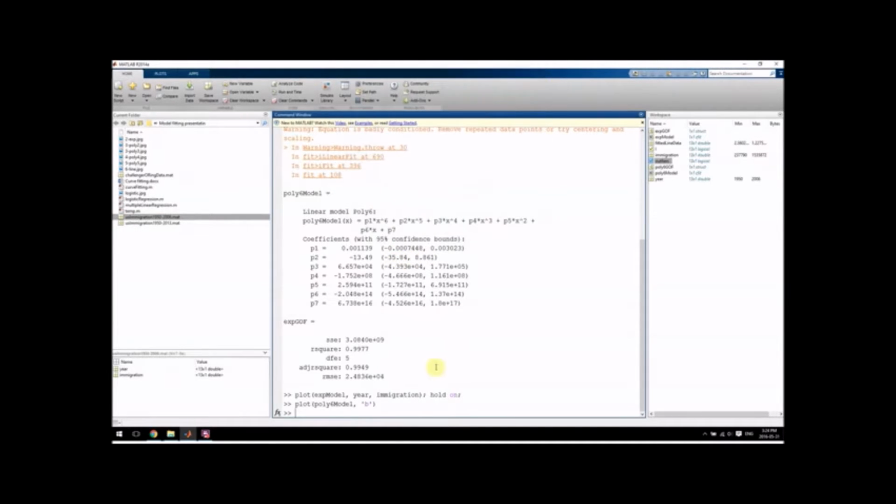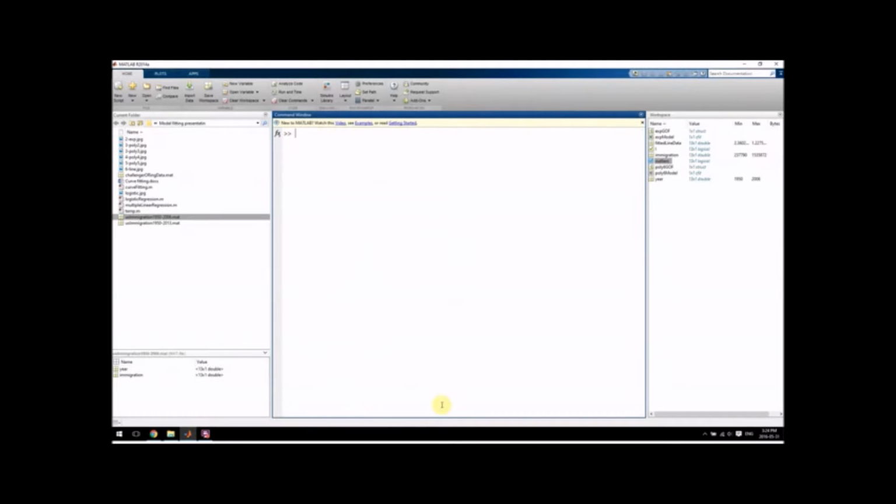Let's check their residuals. So we'll try the exponential model's residuals. And the polynomial model's residuals.